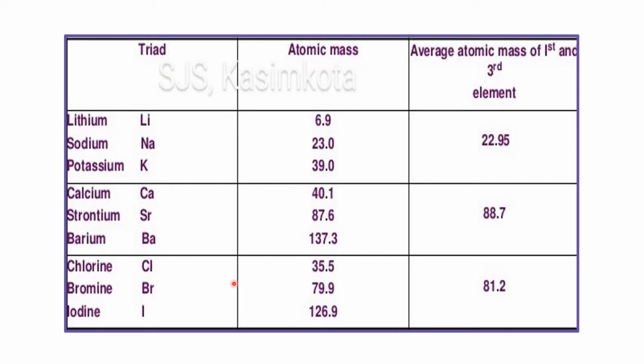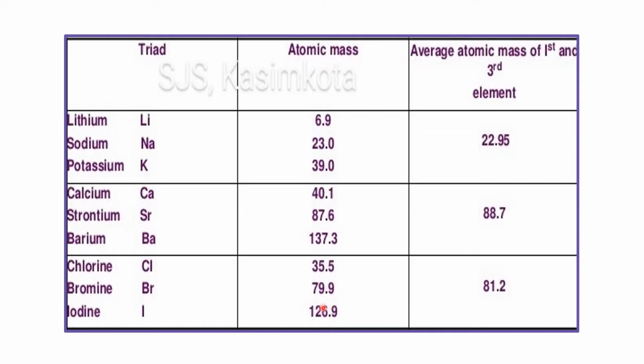Now the next triad, the third one, is chlorine, bromine and iodine. The atomic masses of them are 35.5, 79.9 and 126.9. The average of chlorine and iodine atomic mass is equal to 81.2, whereas this is equal to 80.